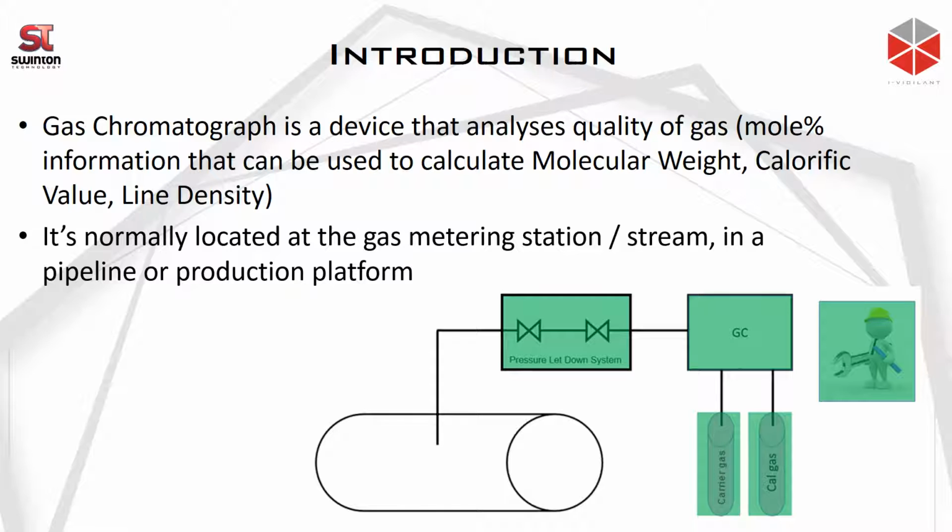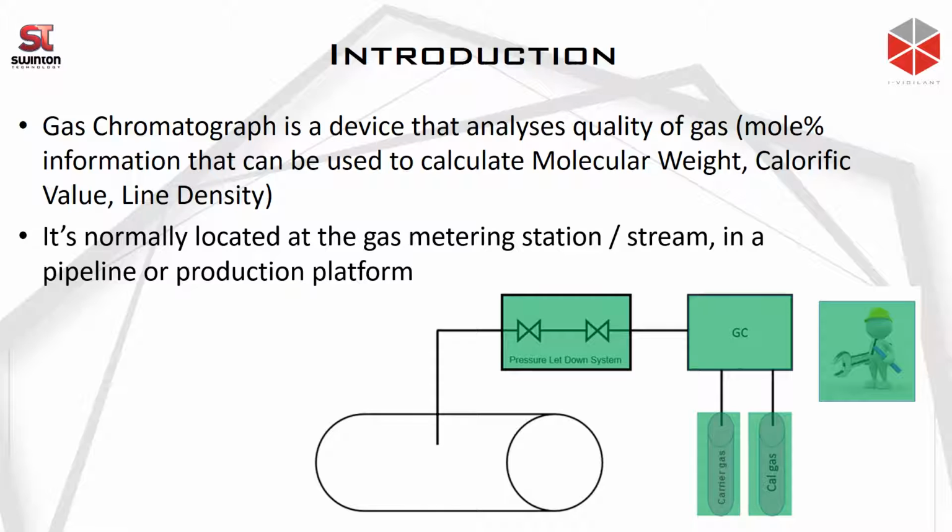So the pressure needs to be reduced, and the job of the pressure letdown system is to reduce the pressure from the high pressure of the pipeline to the pressure that the GC can handle, normally around 2 bar. We also have the carrier gas, which is normally helium in a thermal conductivity detector, and is used to push all the sample gas through the columns inside the GC.